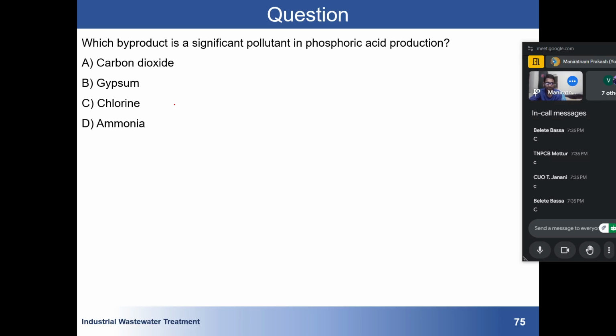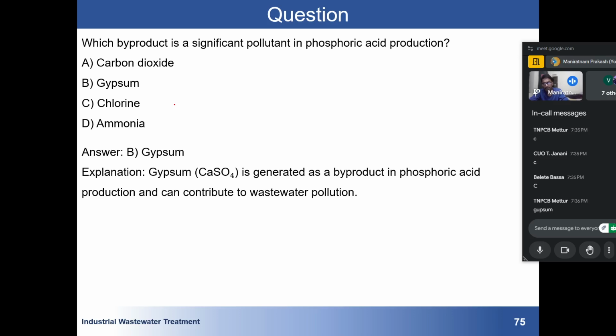Anyone? Gypsum. Yes, gypsum is a generated byproduct. Remember why gypsum is produced.